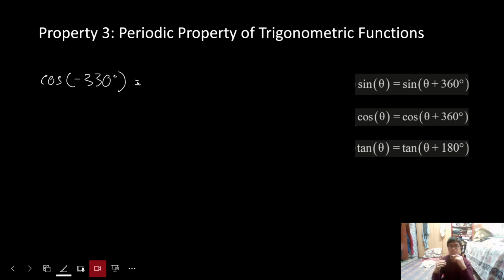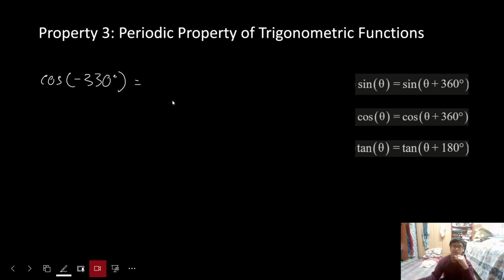What angle, if we're going to add it with 360 degrees, would the result be negative 330 degrees? Again, what angle, if I add 360 degrees, would the answer be negative 330 degrees?